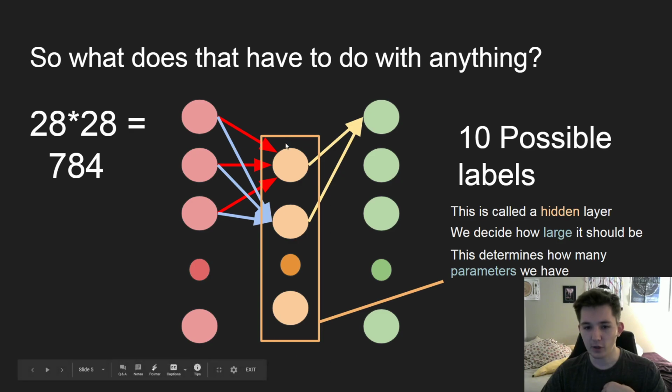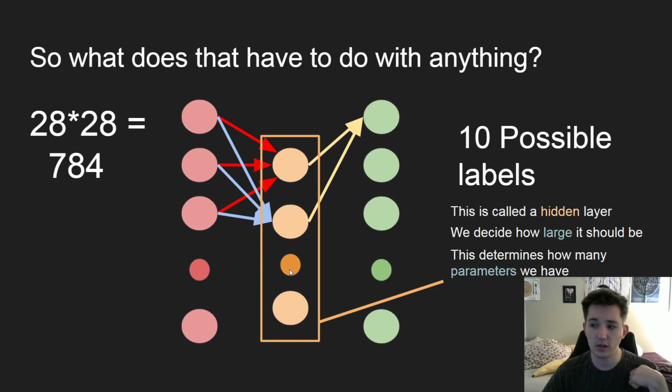So when we make this bigger, we'll end up with many more parameters, and having more parameters means that there are more possibilities of what our neural network could represent, what it could do as a function. So we have a larger search space of possible functions that it's performing. That is why we might want to change this, but if we make it too large, then we're updating a lot of parameters, and that can take a long time. So we need to balance what we do here.